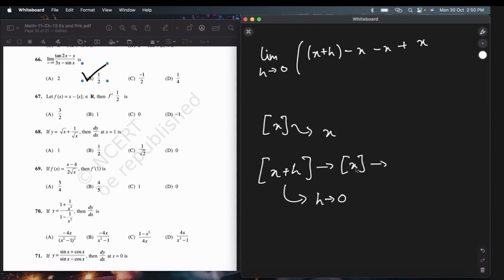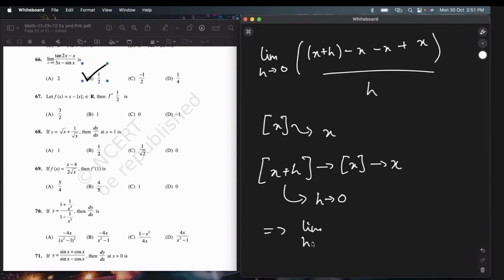I'm supposing that x is an integer in itself, so it will return a value of x. So GIF of x plus h returns a value of x. So I have x plus h, minus x, and this is the GIF part, and the whole thing has been divided by h. Alright, let's just simplify it now.